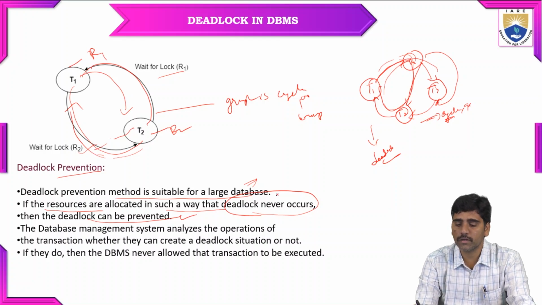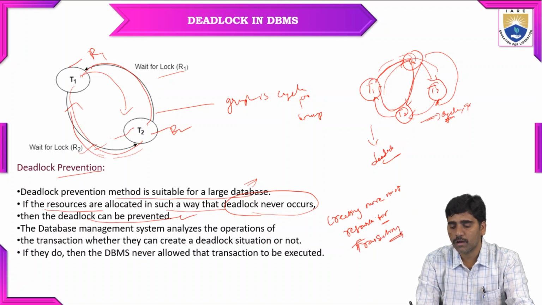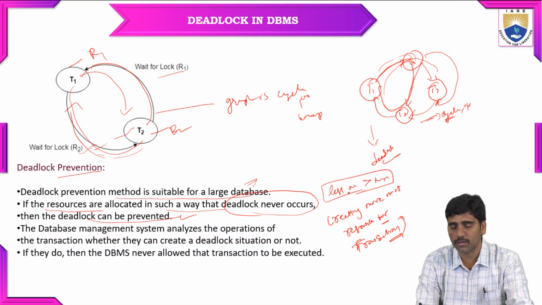Creating more resources for more transactions is sufficient to allocate their resources. But when you have fewer resources and a high number of transactions, the deadlock situation always occurs.